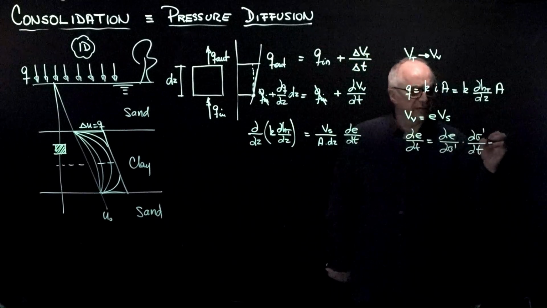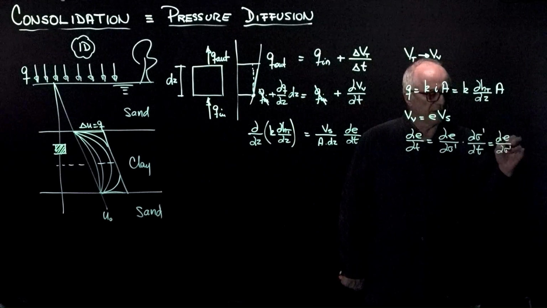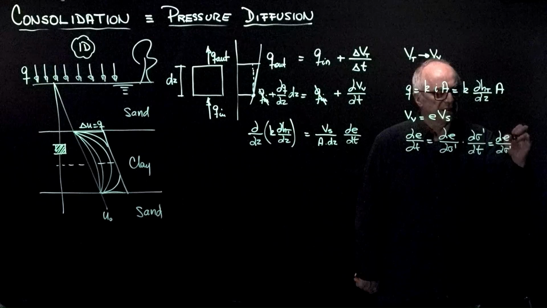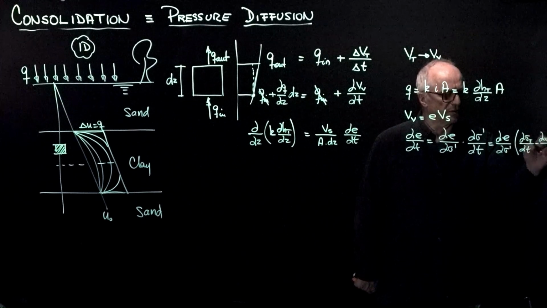So this becomes de/dσ' times (dσ/dt minus du/dt).